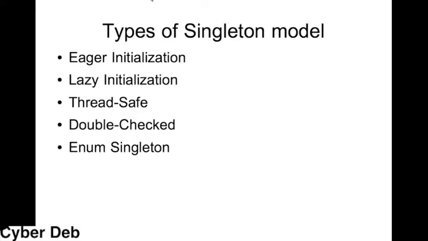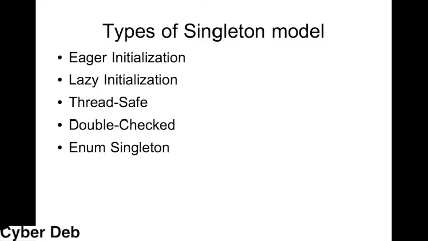As we have discussed earlier, there are 5 types of singleton model: eager, lazy, thread safe, double checked, and enum. Already we have seen the example of eager and lazy initialization, where we are working with a single threaded model.